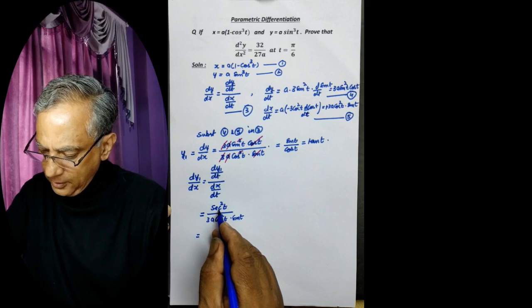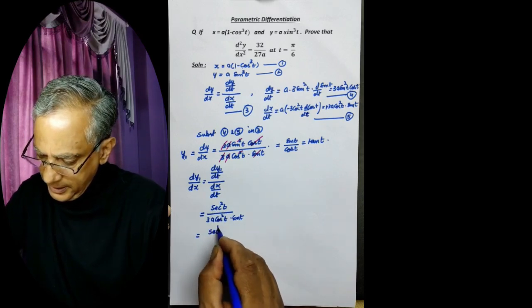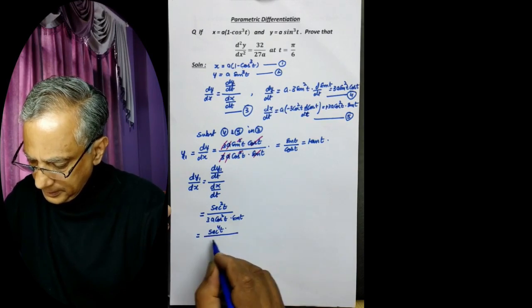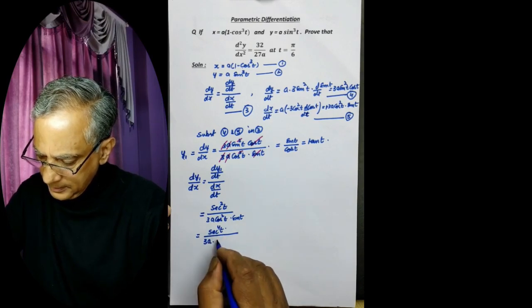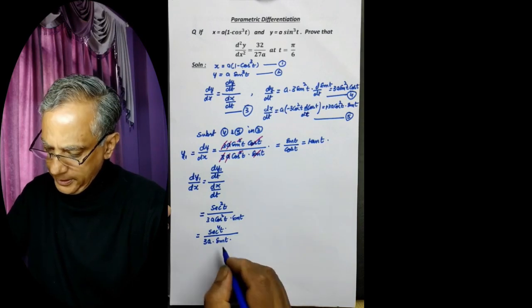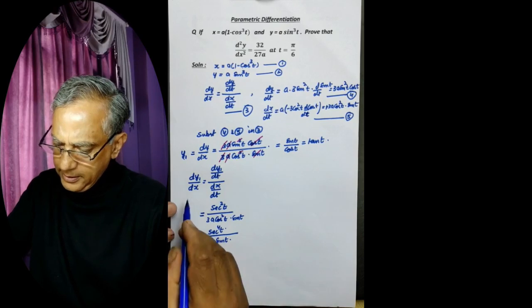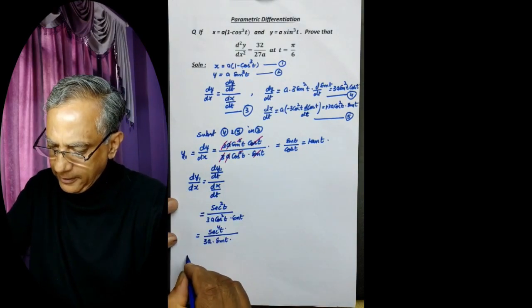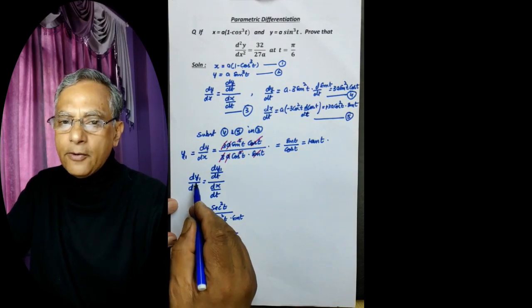So this will be secant 4t divided by 3a sine t. So this is the second order derivative. The first order derivative of y1 is the second order derivative of y.